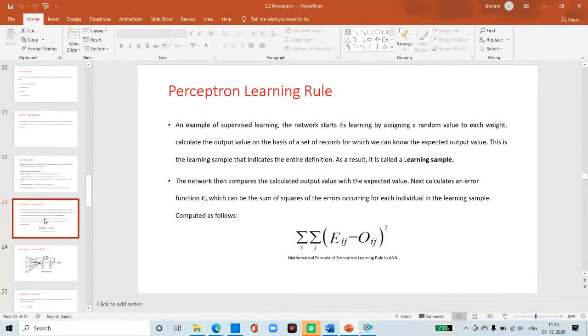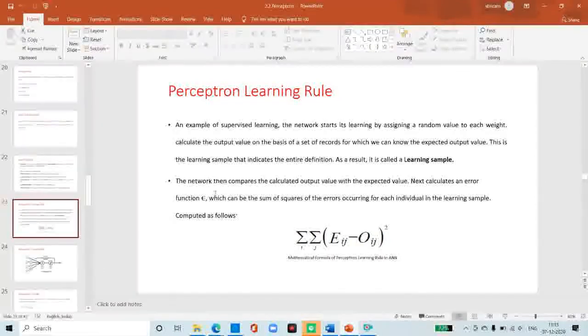So next it calculates an error function, which can be the sum of the square of the error occurring for each individual in the learning sample. The network then compares the calculated output value with the expected value.